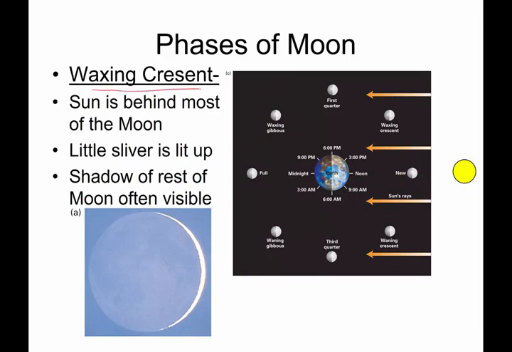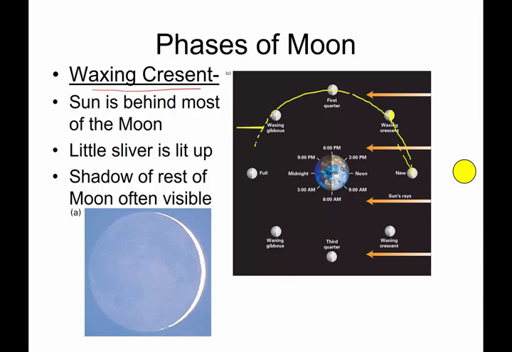Now, waxing crescent: as the moon orbits the Earth all month, this light always comes in this direction. So this half of the moon is going to be light. But here's one of the interesting things that occurs. As it goes around and around, I'm trying to draw a decent picture.